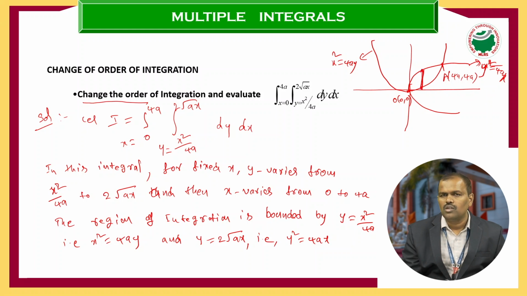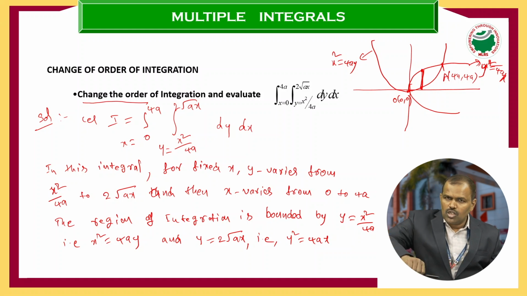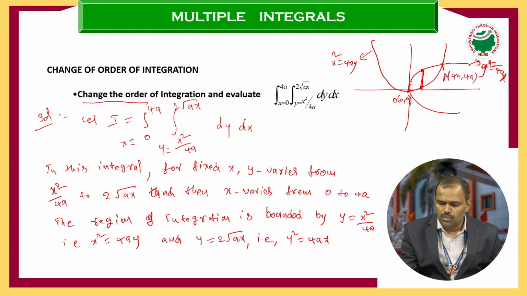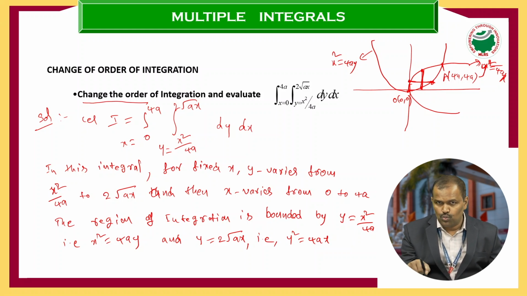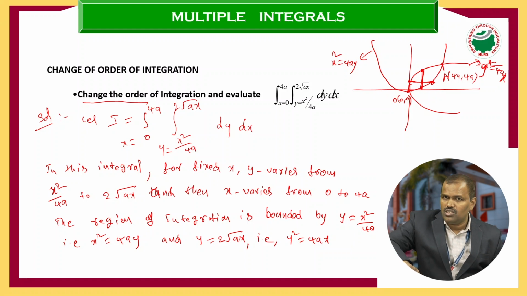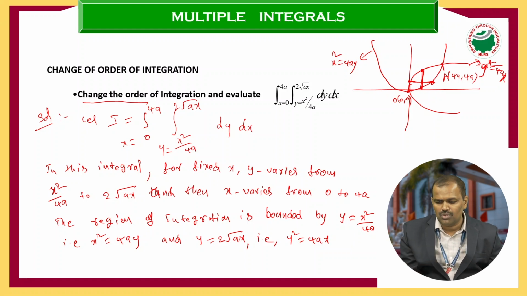After changing the order, the strip becomes horizontal. Before changing it is a vertical strip, that means y varies. After changing it is a horizontal strip, that means x varies.